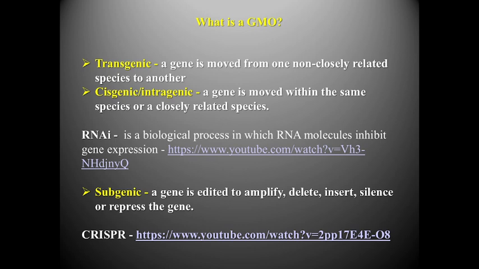The property which is useful in one species can be extracted and inserted in another species. Cisgenic and intragenic mean the gene is moved within the same or a closely related species. For example, if we extract a gene from a monkey and insert it in a chimpanzee or human, that is closely related, and that is called cisgenic or intragenic.